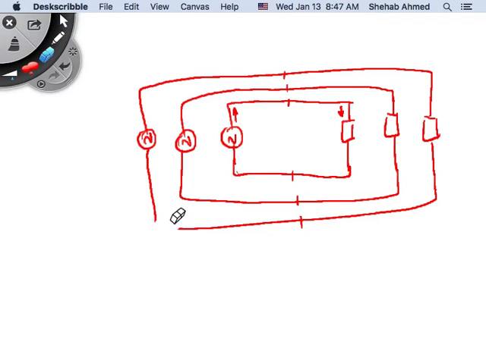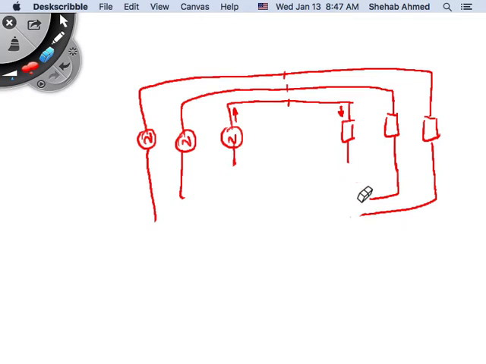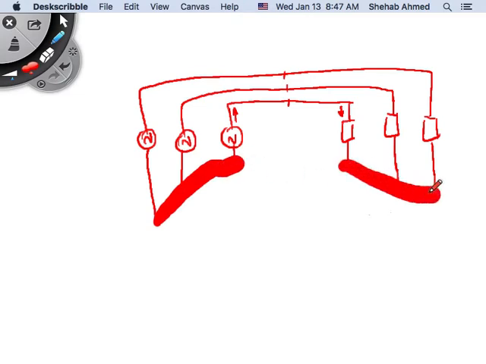If I do this, is it acceptable? It's like having 3 batteries.